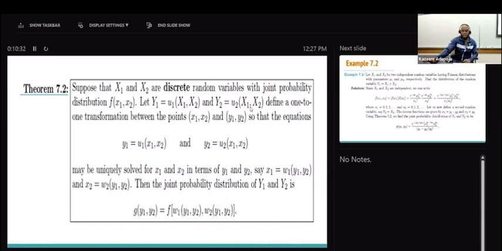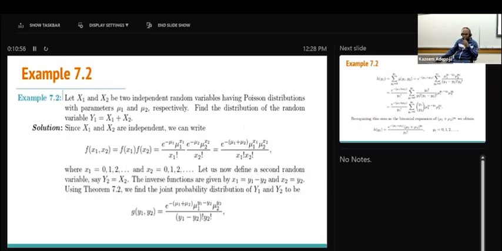I need to solve for x1, and I need to solve for x2. When I solve for x1, it's going to be a function of y1 and y2. When I solve for x2, it's going to be a function of y1 and y2. Then I'm just going to plug into the joint distribution of the original function. Now I'm going to walk you through that.